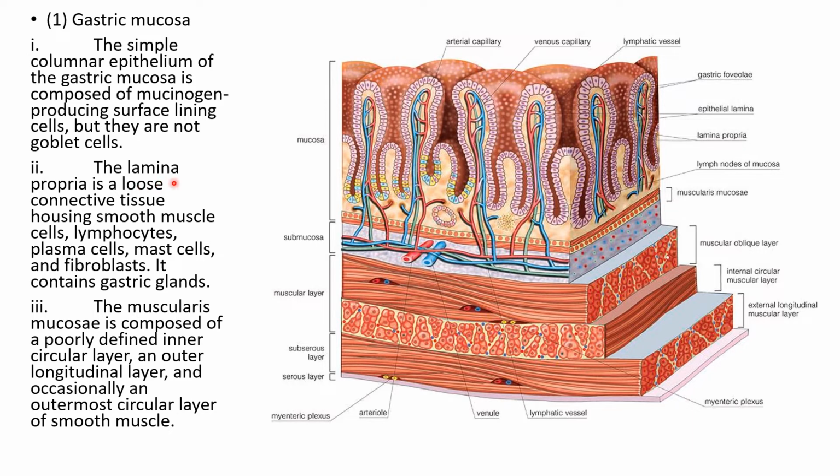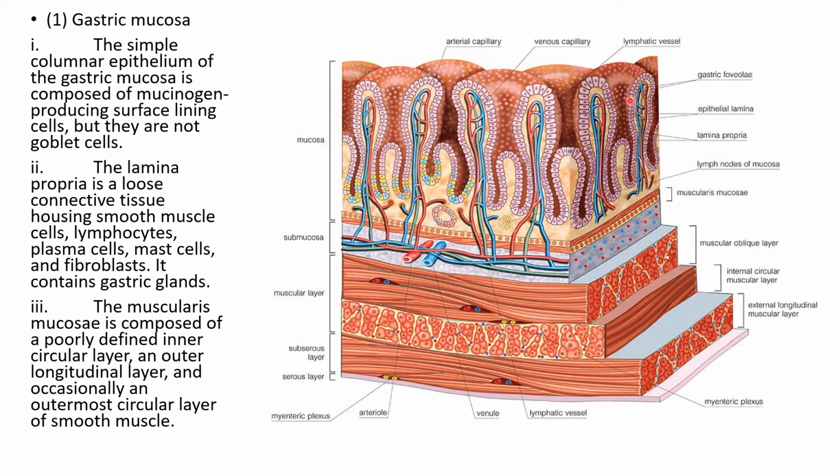This part is called the lamina propria, the place inside the convolutions. The rugae are called lamina propria, and this is made up of a loose connective tissue housing smooth muscle cells, lymphocytes, plasma cells, mast cells, and fibroblasts. They also contain gastric glands.